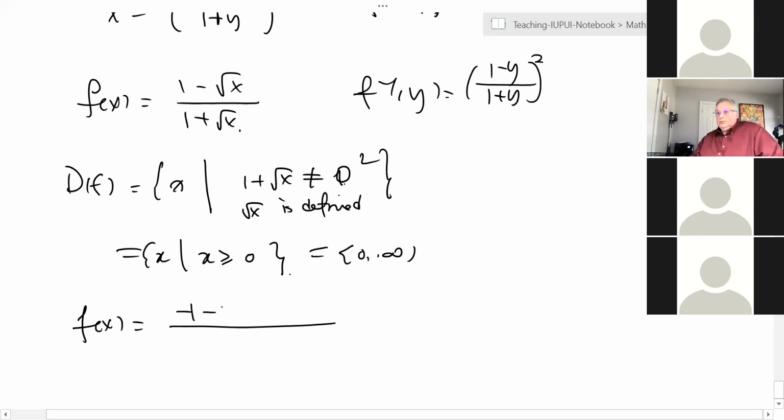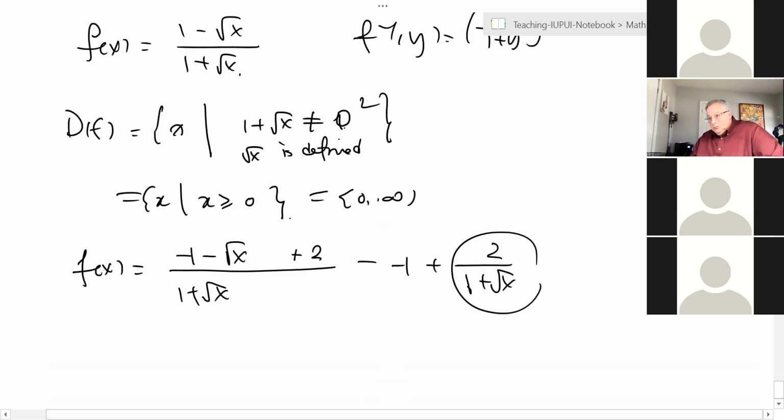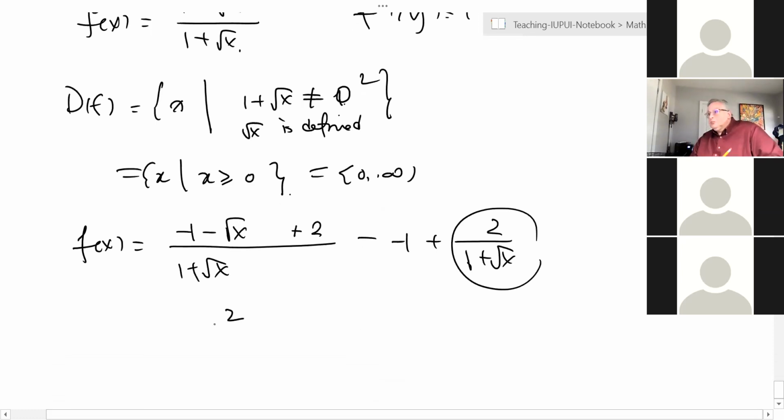I put a negative 1 here, then I add a 2 here, so you separate them, it's going to be negative 1 plus 2 over 1 plus √x. So what kind of values can you get here? 2 over 1 plus √x is clearly always positive.